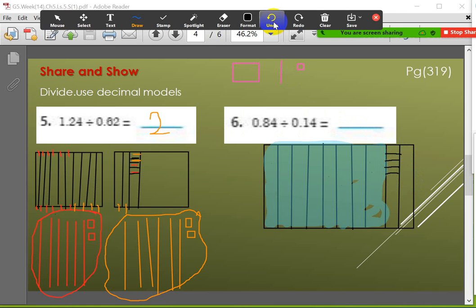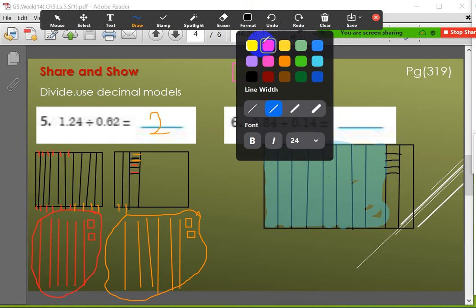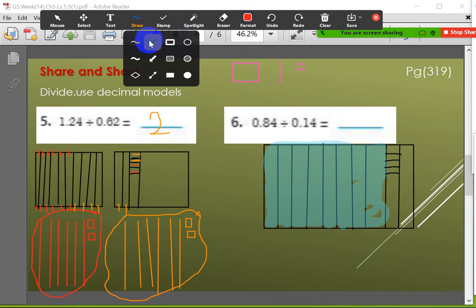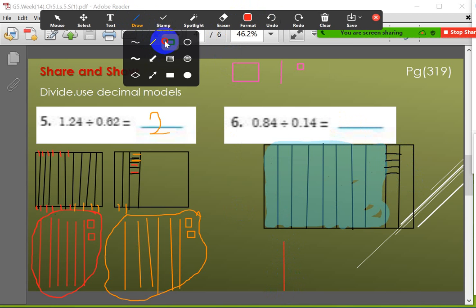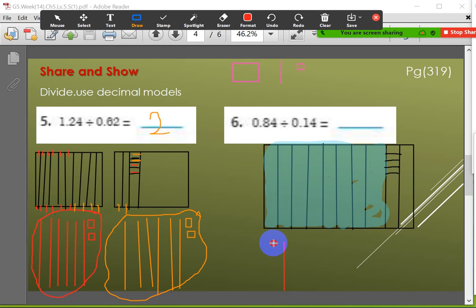I want to divide it by 0.14. That means each group will contain 1 long and 4 little squares. 1, 2, 3, and 4. So let's divide it.